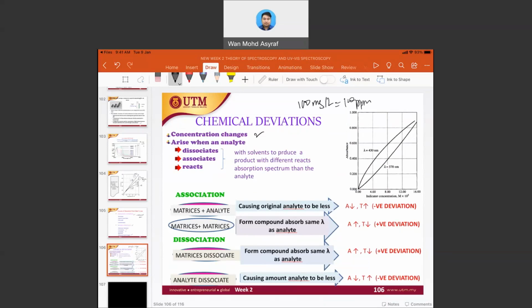So when you do your calibration curve and your analysis, you should get this 100 ppm back because you already prepared 100 ppm.